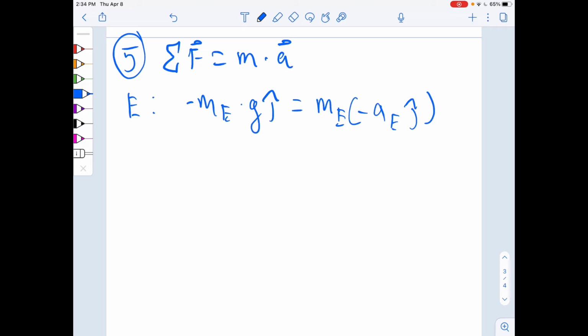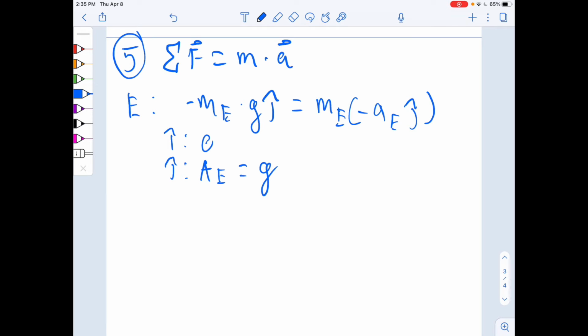From this we get our two scalar equations for I and J. For I, it is equal to 0 since there are no forces in the I direction. And for J, the acceleration of E is equal to gravity g.